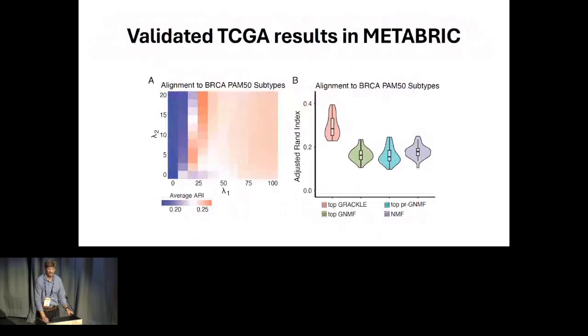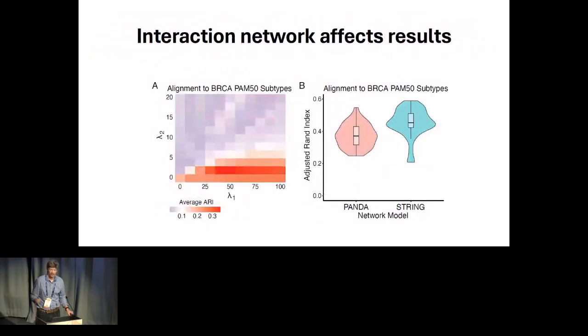We validated this in another, independent data set, where we saw similar results. And we also tested to see whether or not the regulatory network that we used had an effect on the outcome of the algorithm, and we saw that it did. We were comparing one algorithm developed between transcription factors and target genes based on message passing to STRING. We found that STRING might perform a little bit better.